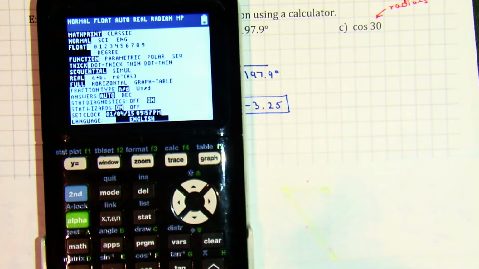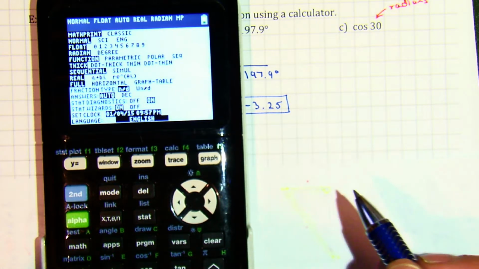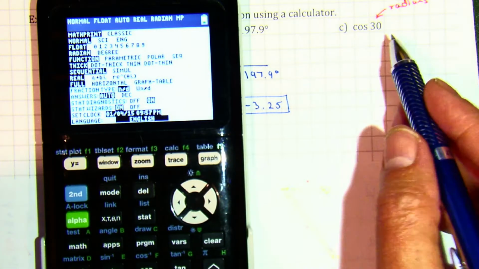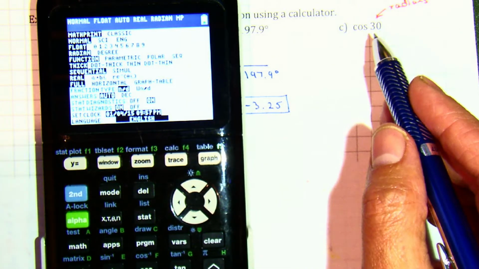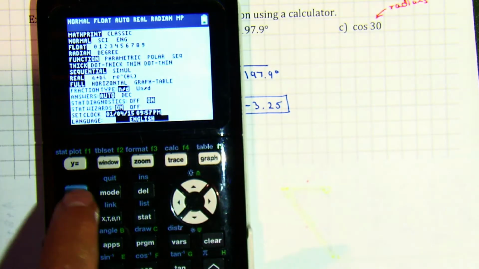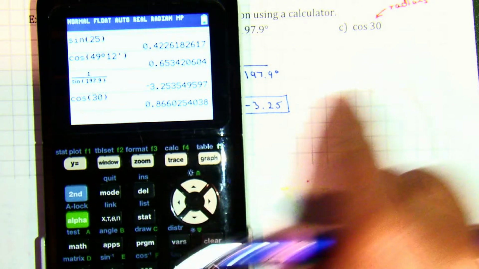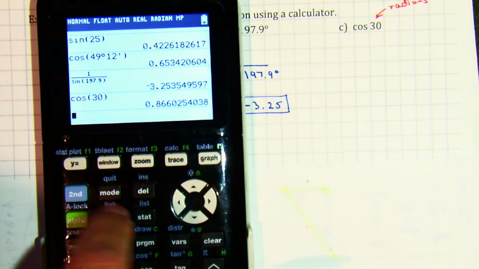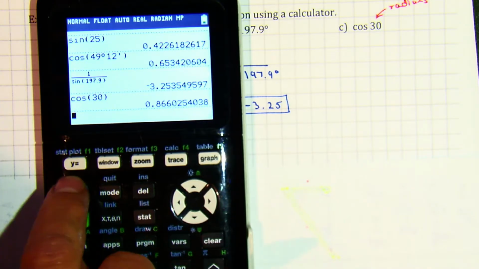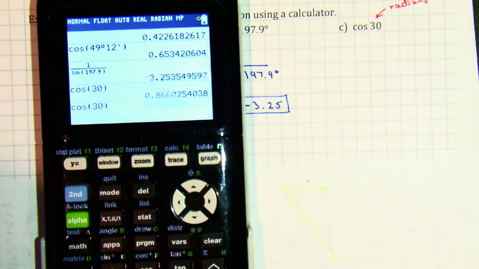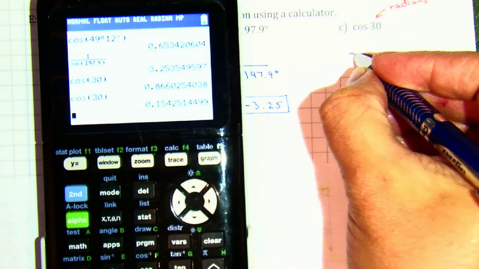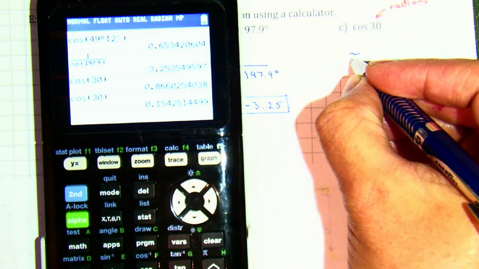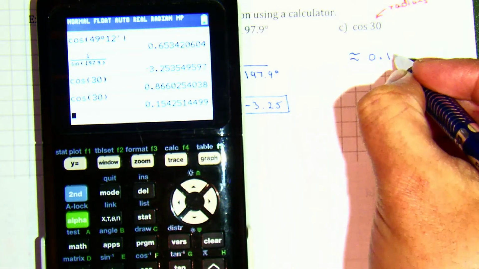Remember, 3.14 is 180. 6.28 is 360. This is 30 radians. So now I can go back and say second entry, and now it gives me the correct value for cosine of 30 radians, which is 0.15.